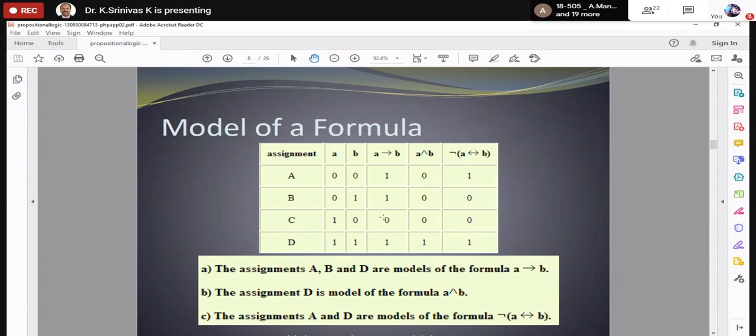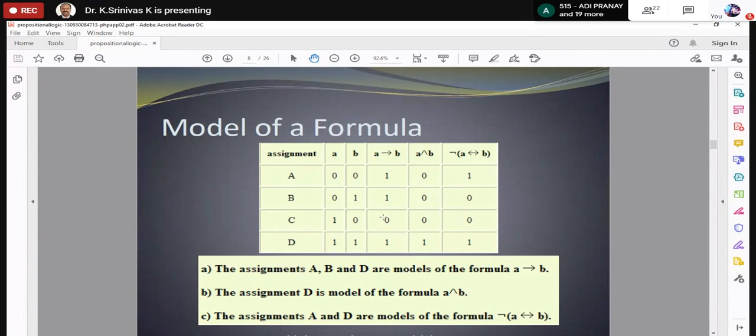Now we go to the next equation, X is equal to A and B. A and B has its prescribed outputs.